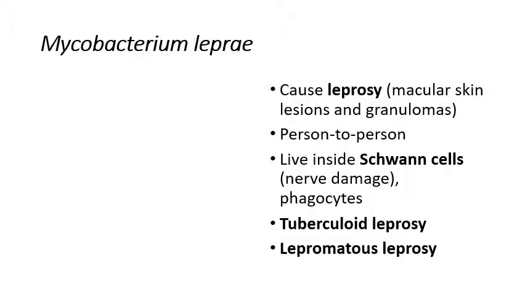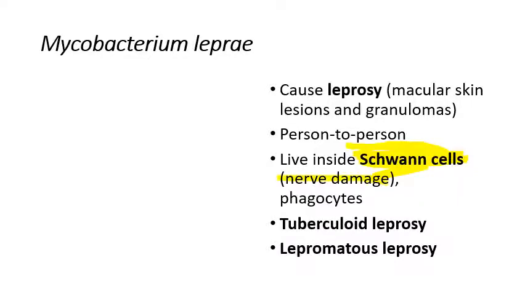If it gets inside the body, which it does occasionally, as an intracellular parasite, it likes to live inside Schwann cells. Those of you that took Biology 130 know that Schwann cells produce myelin, which is wrapped around motor neurons and sensory neurons that travel up and down the spine. So if the bacteria gets in there, it will cause nerve damage.